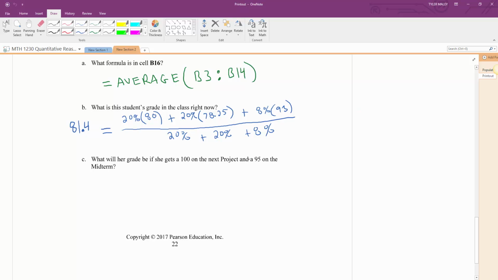So if we got a 100 on the next project, remember this 8%, this was my projects, and these are 8% each. So I could just add on plus 8% times 100. And then we got a 95 on the midterm.